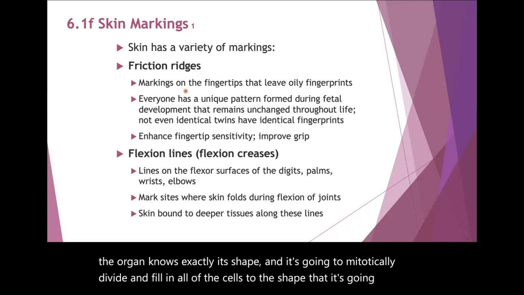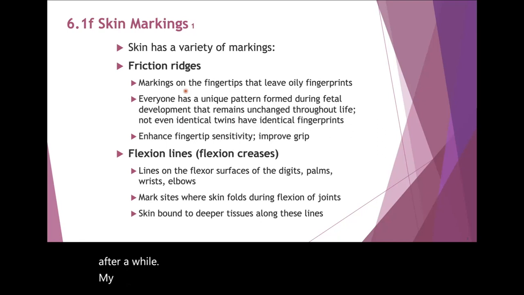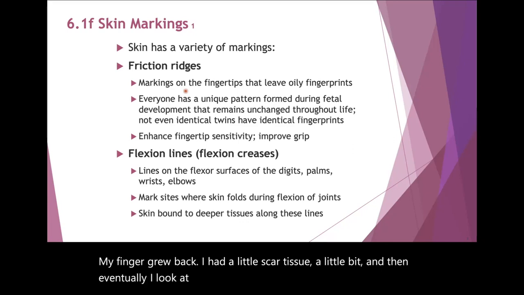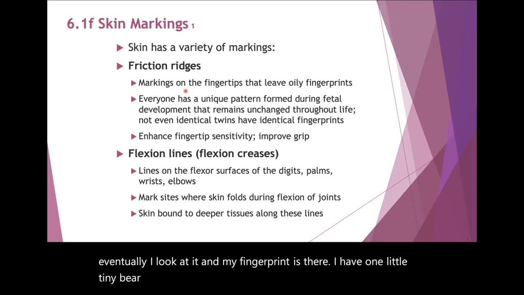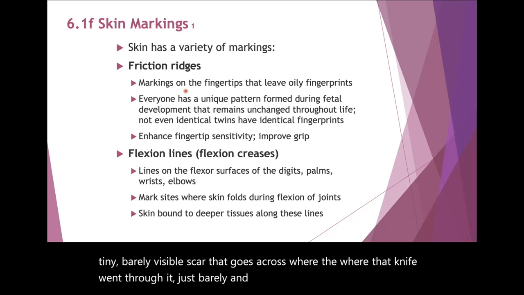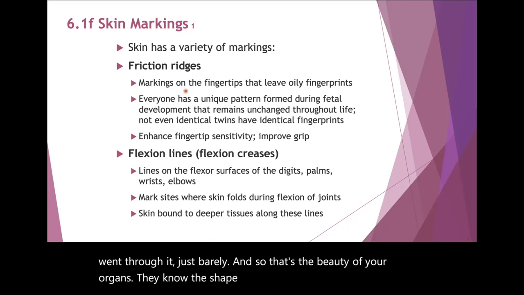So after a while, my finger grew back, had a little scar tissue a little bit, and then eventually I look at it and my fingerprint is there. I have one little tiny, barely visible scar that goes across where that knife went through it, just barely. And so that's the beauty of your organs. They know the shape that they should be.